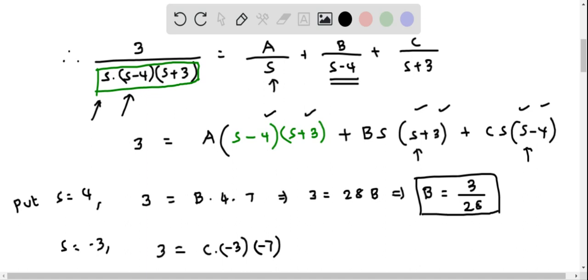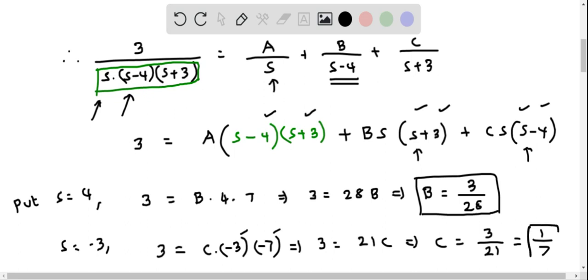So this gives 3 equals negative 3 times negative 7, which is positive 21. So it is 21C. And so solving for C, we get C equals 3 by 21, or 1 by 7. So we found the value of C equals 1 by 7.